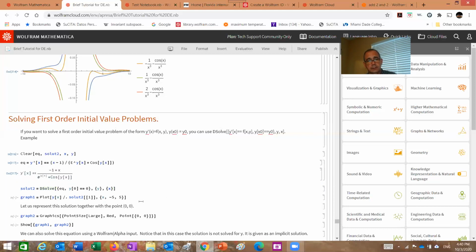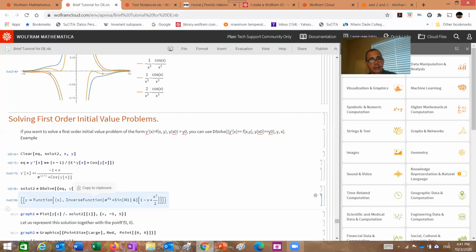So then you press Shift Enter, and the rules that you obtain are going to be assigned to this name. Or the name is going to be assigned to those solutions. So then you press Enter, and then this is what you get.